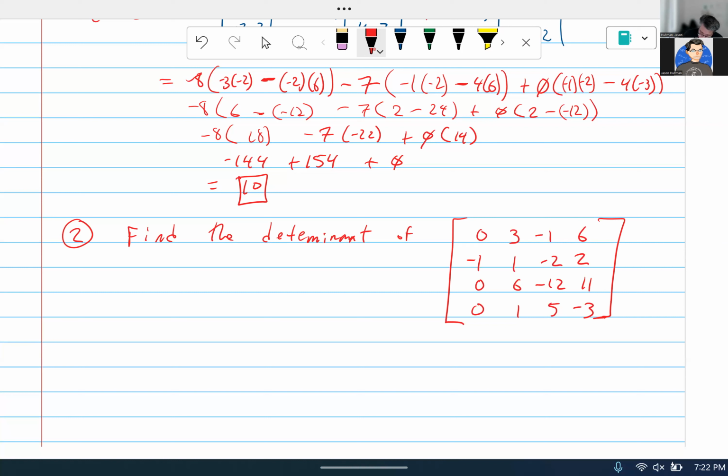Okay, because the determinant of A here would be equal to, okay, 0, okay, times the minor, or the signed minor. So what are the signs here? Well, again, if I do that checkerboard pattern, I always start with positive, because I know 1 plus 1 is 2, and negative 1 squared is positive 1.